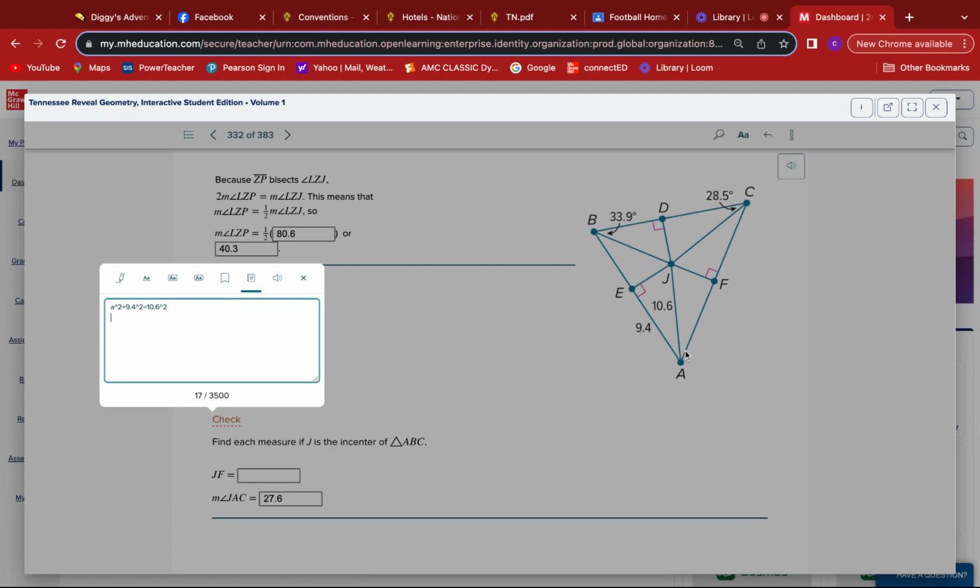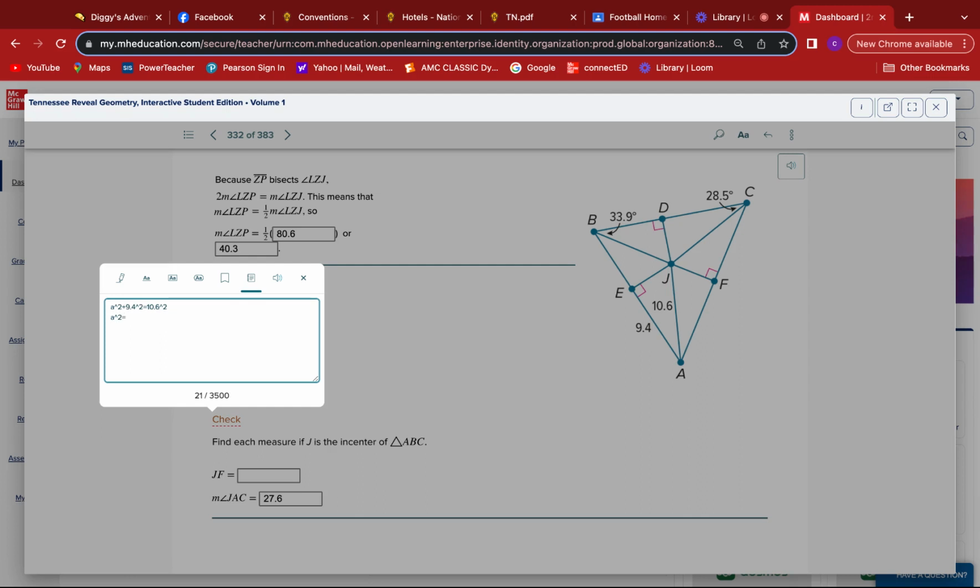I am going to do the opposite of adding: I'm going to subtract 9.4 squared, which will cancel this out. And then I've got to do 10.6 squared minus 9.4 squared.